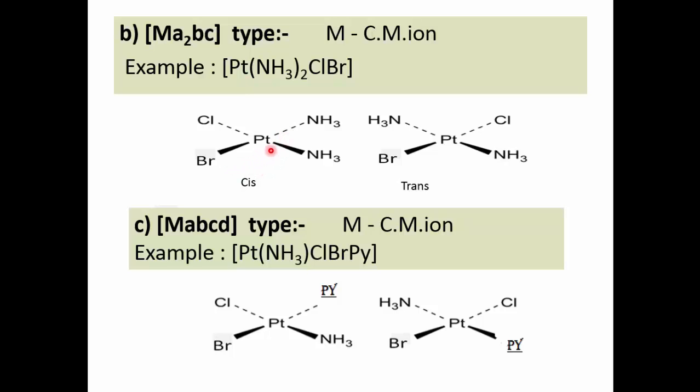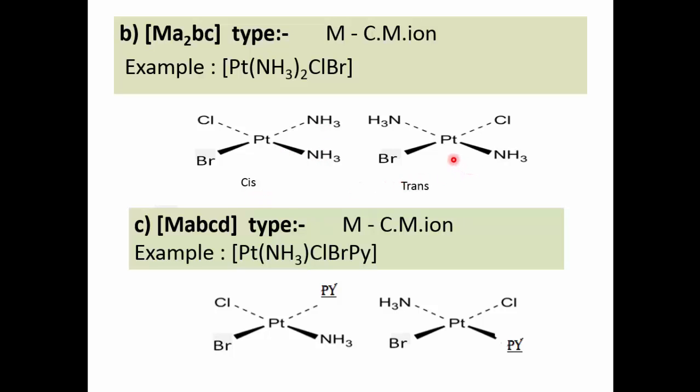We observe that 2 same ligands, 2 ammonia molecules, are present on the same side of this platinum. Chloride and bromide are present on the second side of the platinum, but here 2 same ligands are present on the same side of platinum. Therefore, this is the cis isomer.